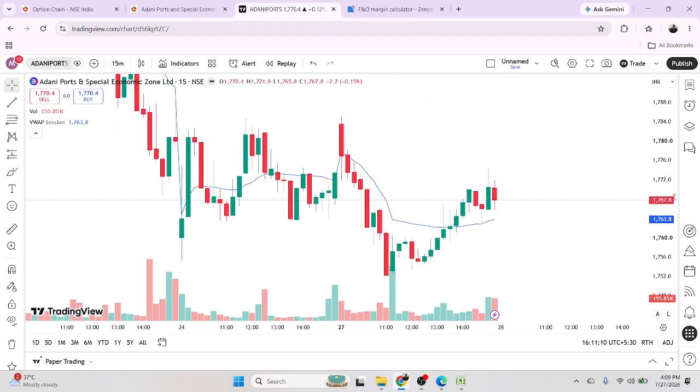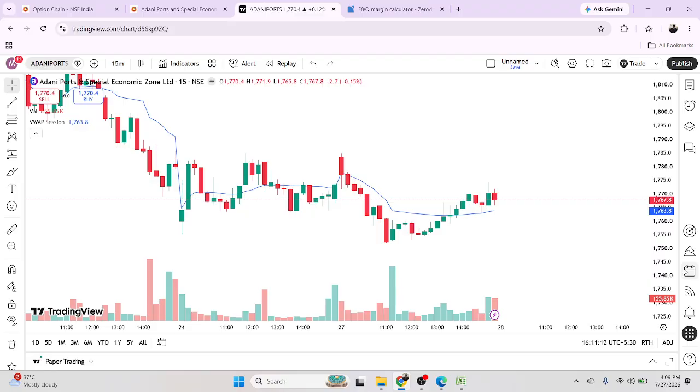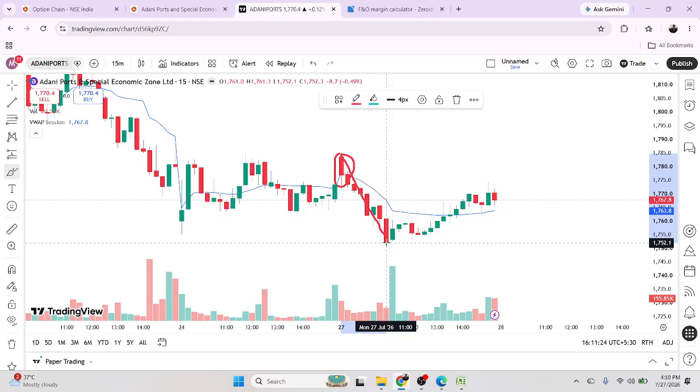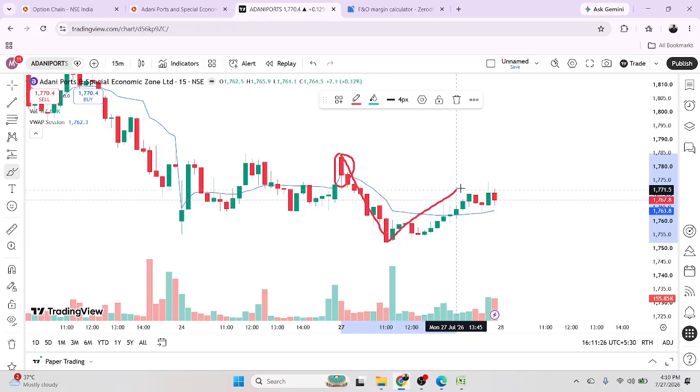The market opened at this level, came down to this level and again closed at this level.